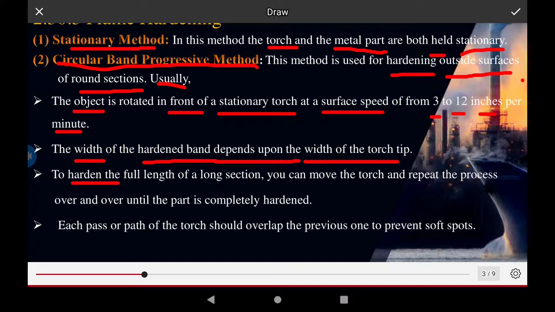To harden the full length of a long section, you can move the torch and repeat the process over until the part is completely hardened. Each path of the torch should overlap the previous one to prevent soft spots.